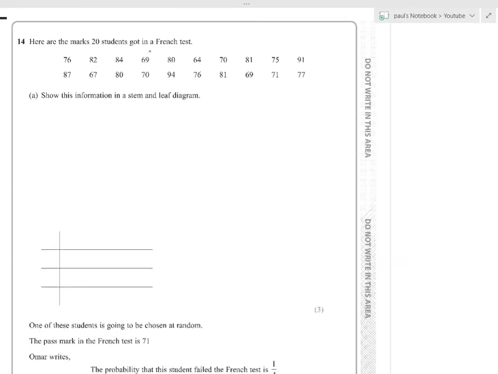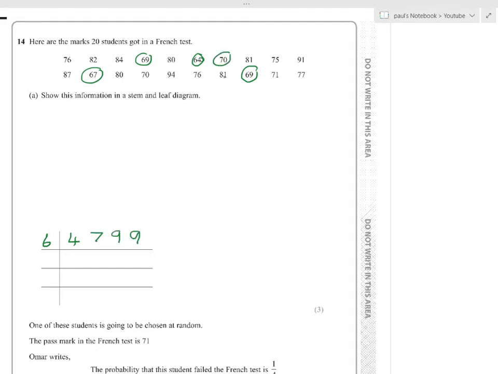Right, here are 20 students' French test results. Show this information in a stem and leaf diagram. Oh, I don't like these. So what's the smallest number? 60. So we've got 60, so all the 60s. So that's going to be 64, 67, 69, 69.